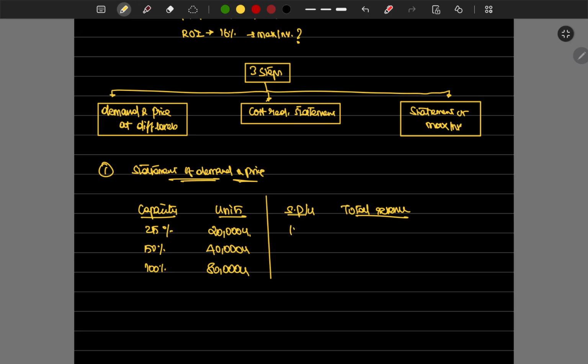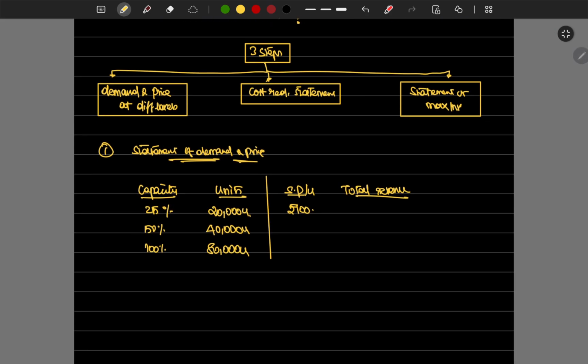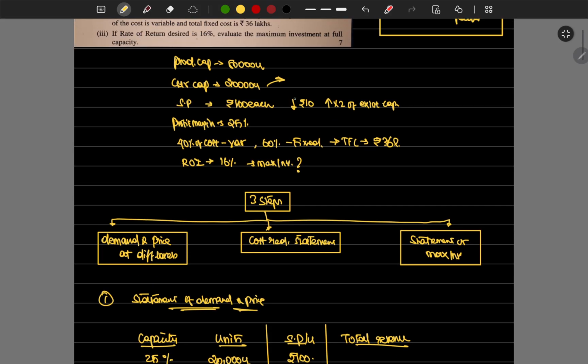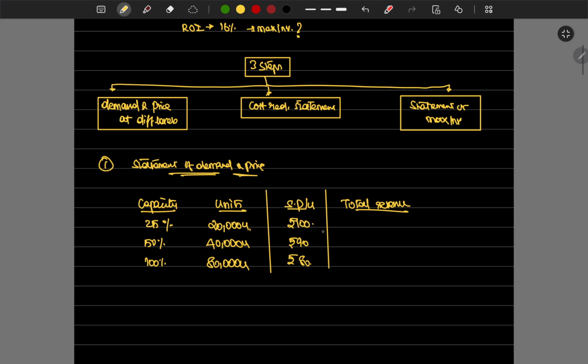Selling price rupees 100. For every 10 rupees reduction, this increase in units happens. So rupees 90, then rupees 80. Right, this is what you have read here. Every 10 rupees reduction increases existing capacity by 2x.